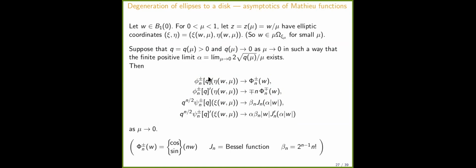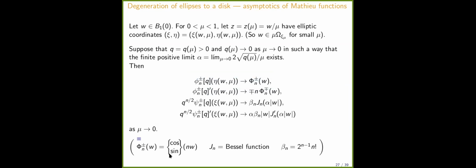So suppose we have a one parameter family of Q values tending to 0, such that Q of mu over mu has a limit. 2 times this we'll call the limit alpha. Then, as I said before, the phi first, the CE function, the cosine function, the Mathieu function tends to the cosine.